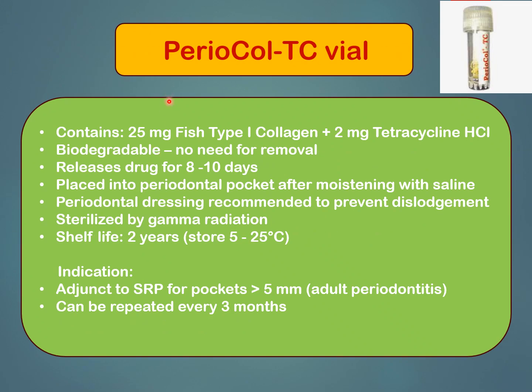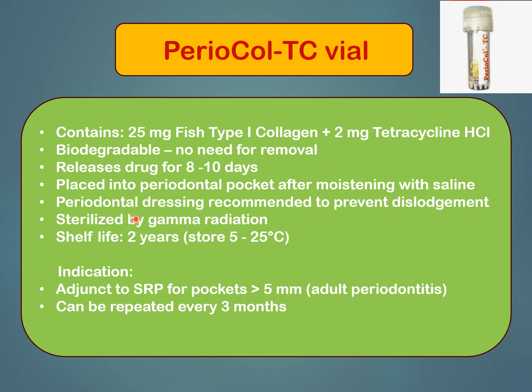So next is Periocol TC vial. It contains 25 milligram fish type 1 collagen and 2 milligram tetracycline hydrochloride. It is biodegradable and it releases the drug for about 8 to 10 days. It is placed inside the periodontal pocket after moistening with saline.